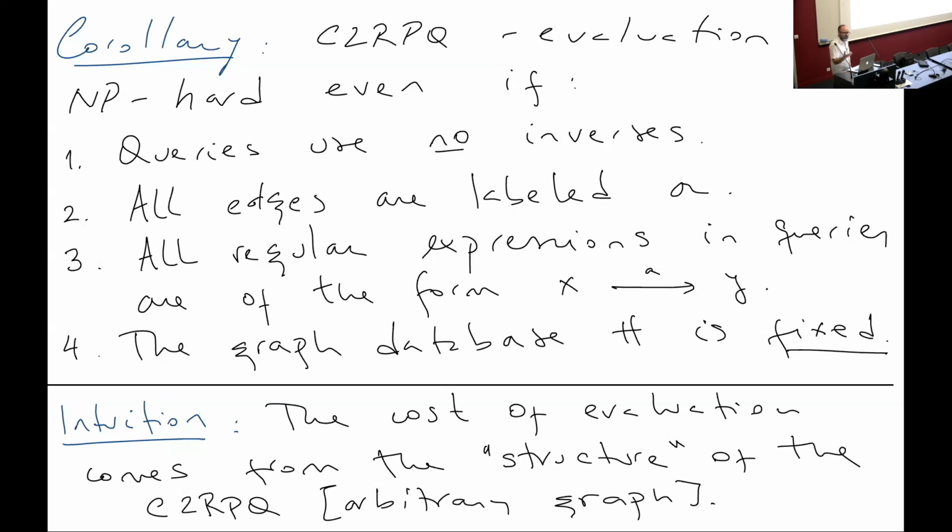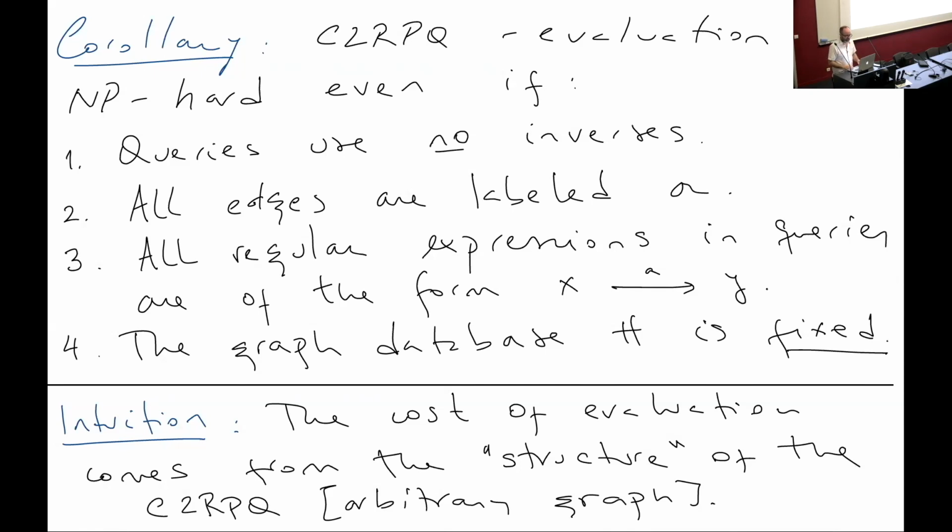Yeah? And this, as we mentioned before, is something that we want to avoid somehow. So we want to distinguish between the complexity that depends on the data from the complexity that depends on the query. Yeah? So here the data was just a triangle.